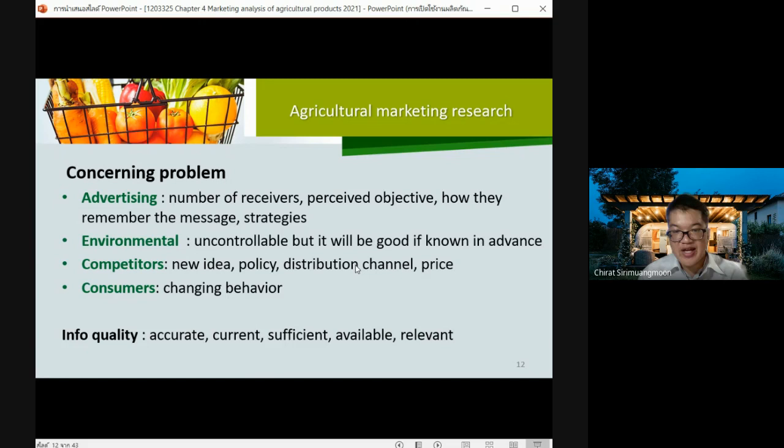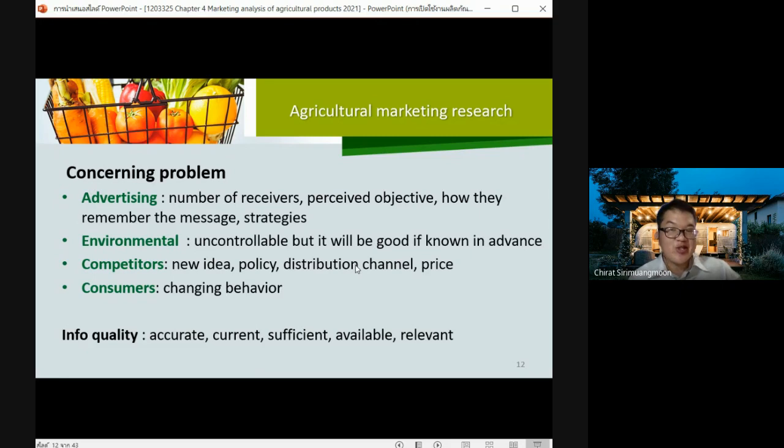Then we also have the environment concern. So we also need to think about environmental problems as well, because even if it's not in your control, if you know something in advance, it's going to be good. Of course, you can know what is going to happen, or you need to have a backup plan to deal with the uncontrolled situation. For example, what will happen after COVID-19?